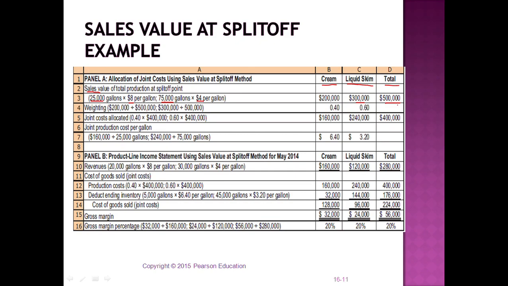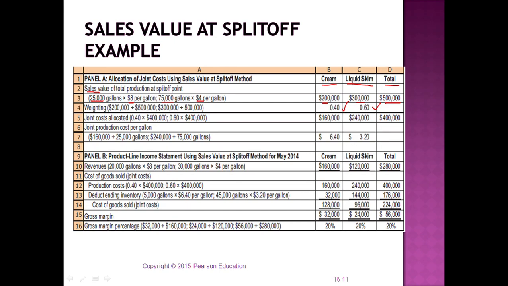Now find the percentage of these two sales values as a percentage of the whole. That means 200,000 divided by 500,000 is 40% or 0.4, right? Similarly, 300,000 divided by 500,000 is 60% or 0.6, right?